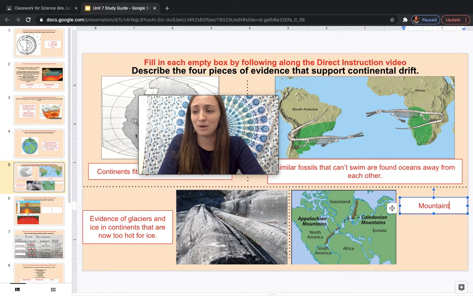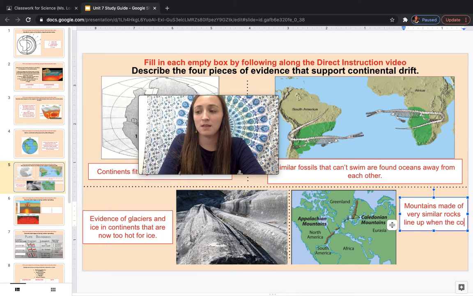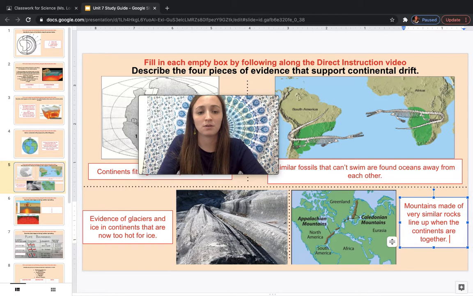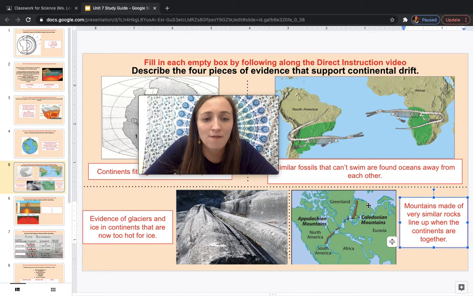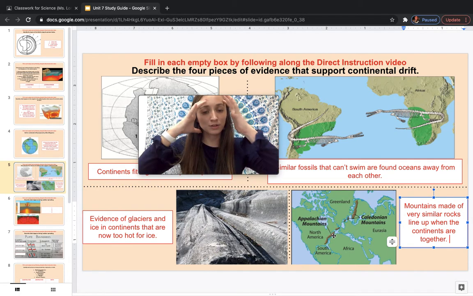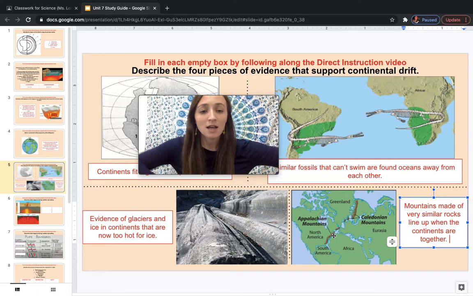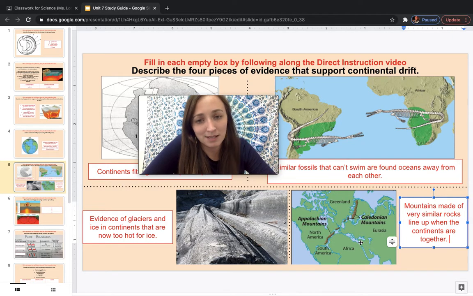So we have mountains made of very similar rocks that line up when the continents are together. Okay, so we have a mountain range in North America called the Appalachian Mountains. They're actually very close to us. They run through Tennessee and many other states, but Tennessee's right there.